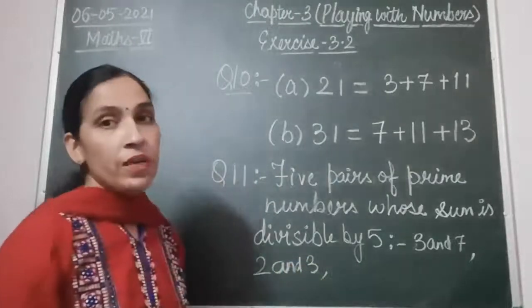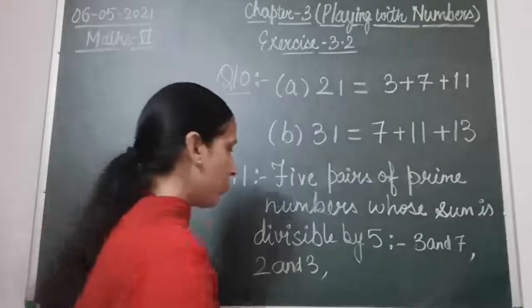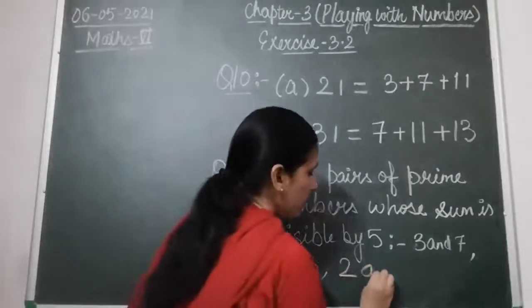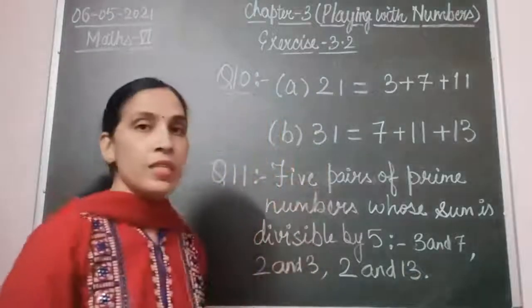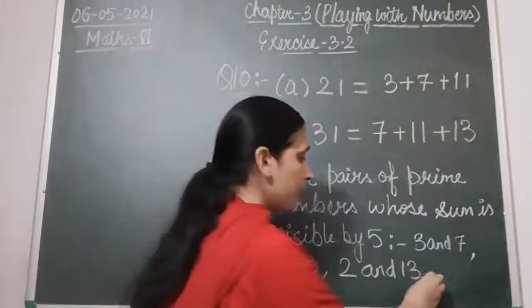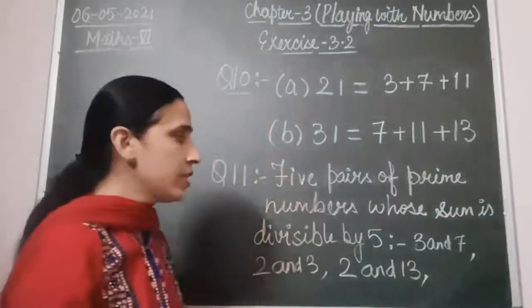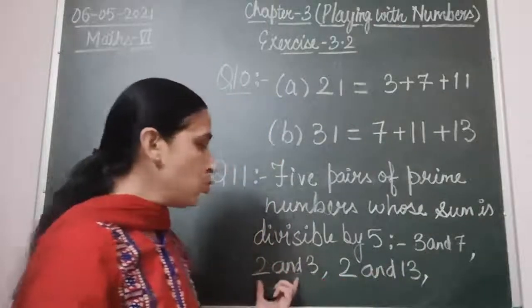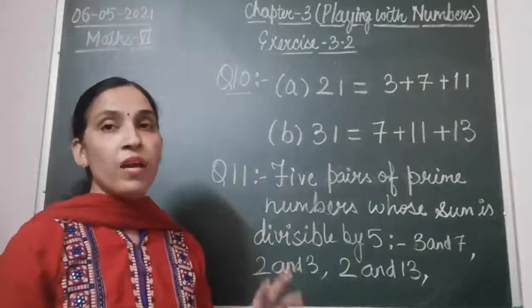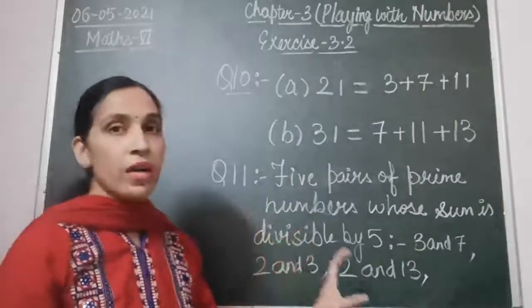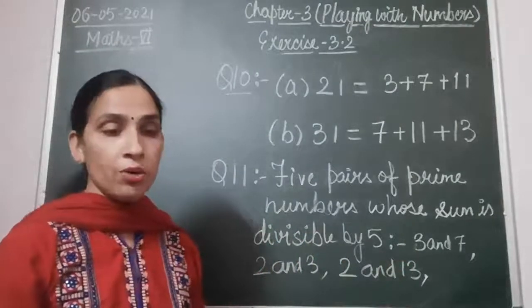Next pair can be 2 and 13. 13 plus 2 will be 15. So I have written here 3 and 7, 2 and 3, 2 and 13, and 2 more. You have to write 5 pairs, so you are going to find the next 2.